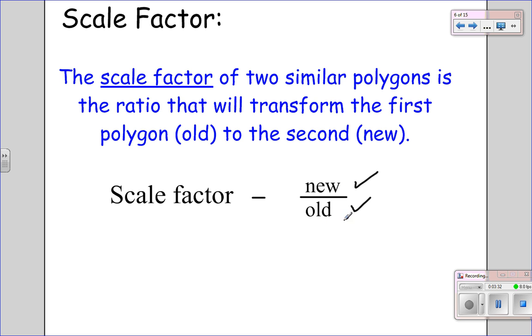While you're copying this down, let me show you a few examples of ways that we could word this. Let's say that we're going from triangle ABC to triangle DEF. So here's triangle ABC, and here's triangle DEF.